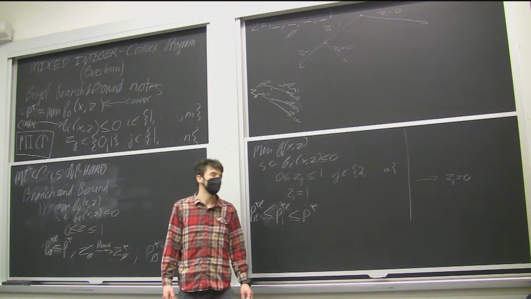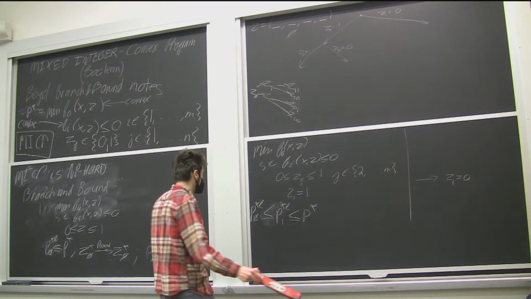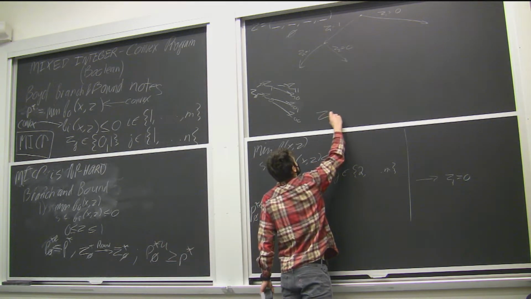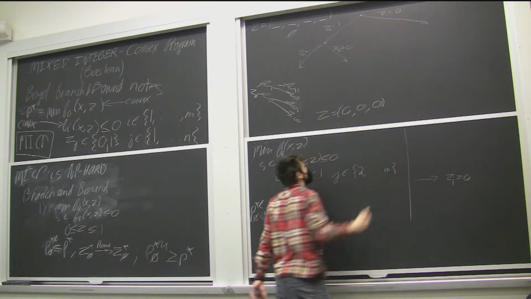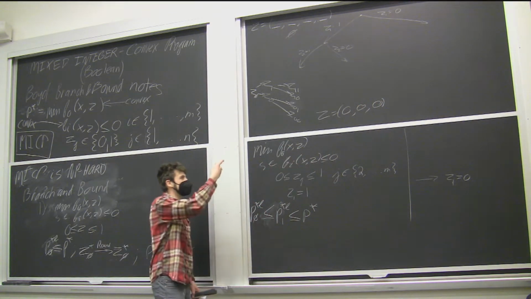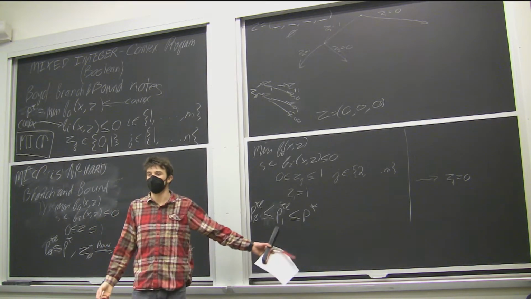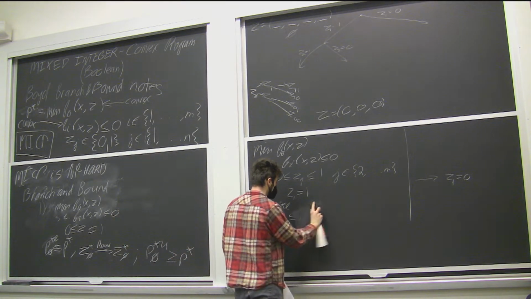So the answer is that maybe the optimal solution has the vector z equals 0, 0, 0, right? Well, then fixing to 1 could in principle give me a higher bound than the P star. So actually this inequality is false.